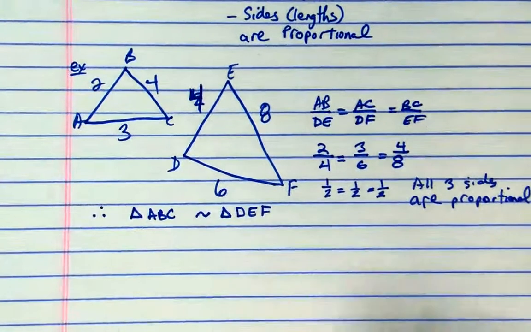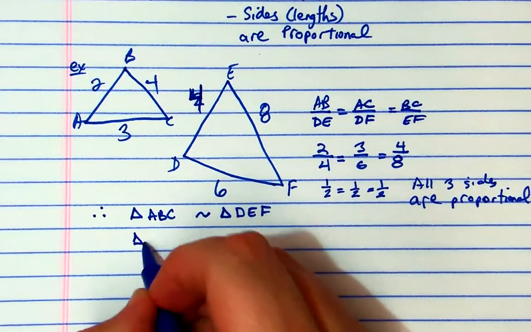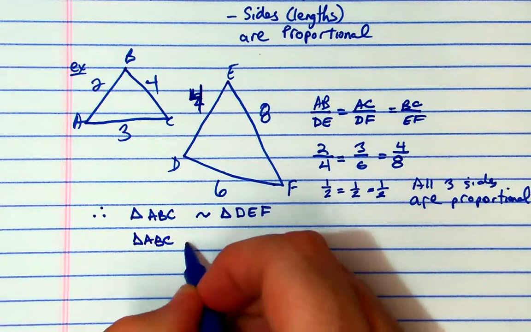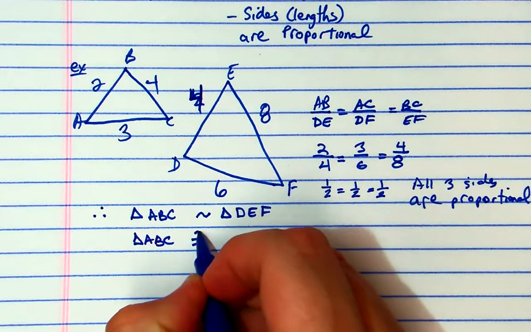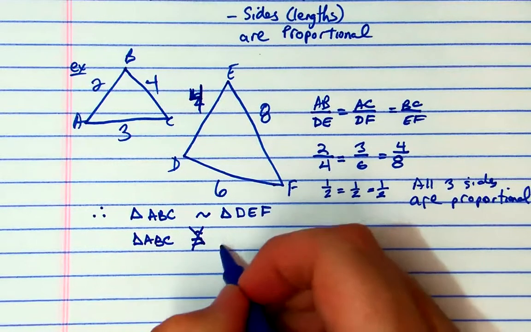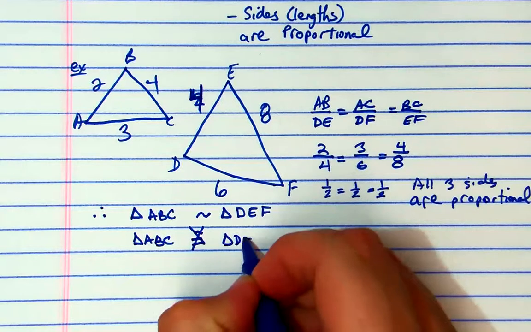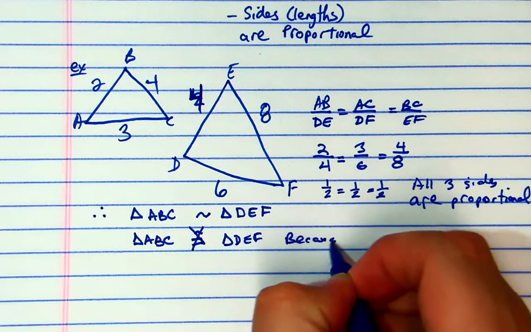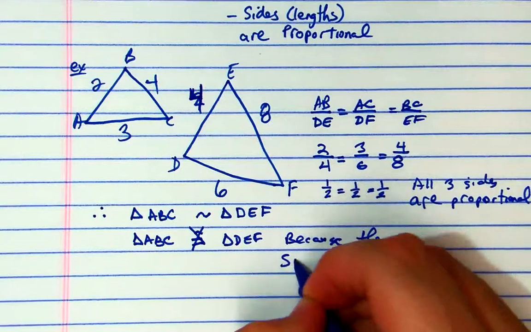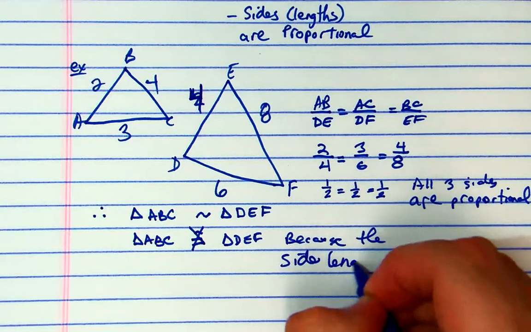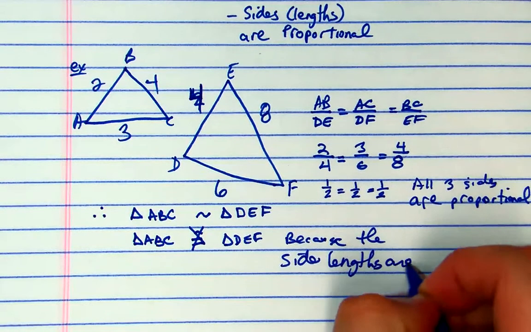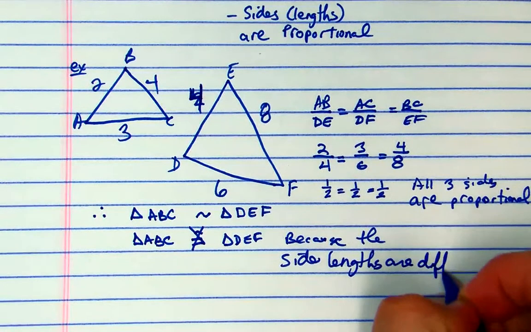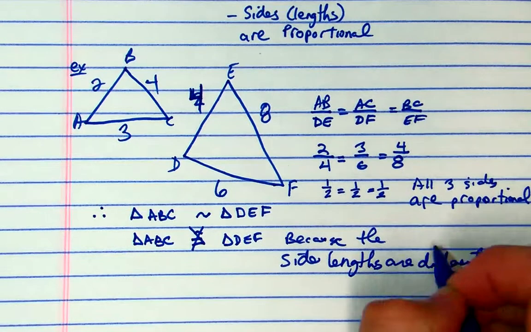Let me move that up a little bit. Triangle ABC is not congruent to triangle DEF because the side lengths are different.